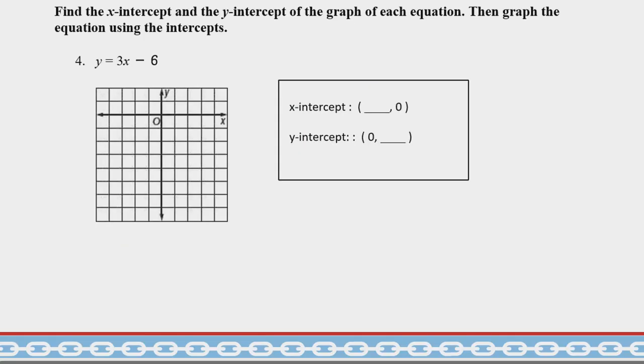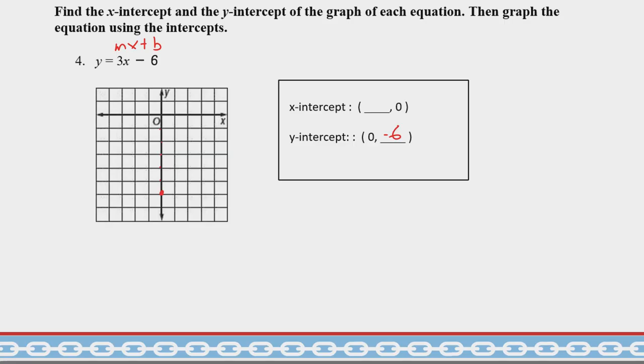For number 4, we're asked to graph and then tell the intercepts, right? So we have a y equals equation. So y equals mx plus b, b being my y-intercept. So my y-intercept is at -6. So 0, -6.